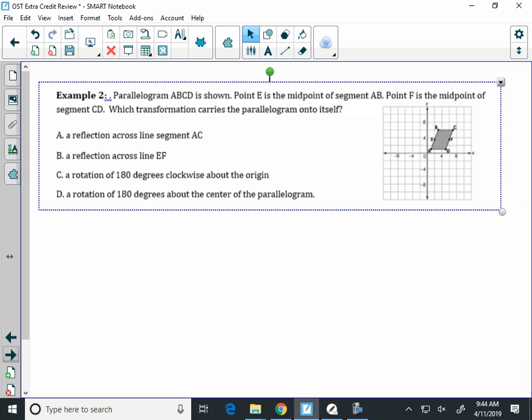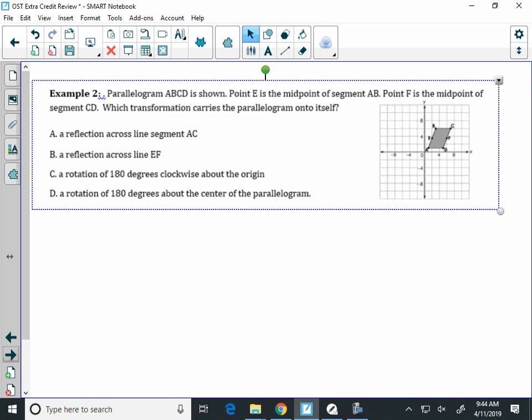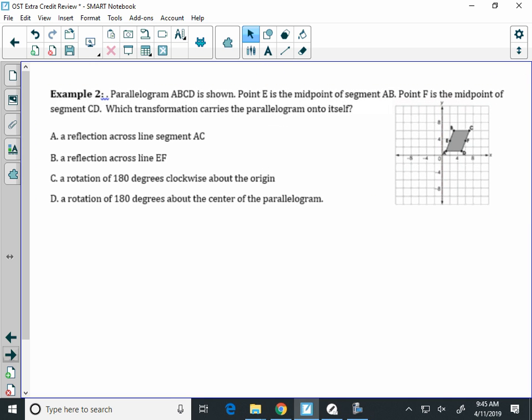If we take a look at example 2, it says parallelogram ABCD is shown. Point E is the midpoint of the segment AB. Point F is the midpoint of the segment CD. Which transformation carries the parallelogram onto itself? Meaning symmetry. Just a regular old parallelogram has absolutely no lines of reflection.